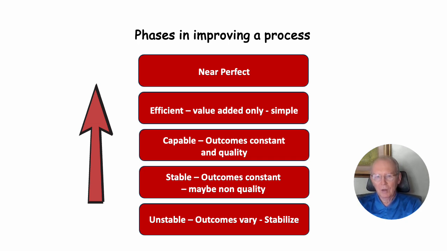And if it's non-quality, you need to make it capable, which is describing a process in which the outcomes are constant and of quality. But even a process that constantly produces quality might be inefficient. Throughput might be too slow for market demand.